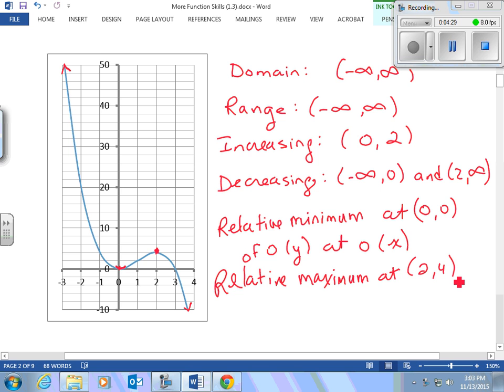So again, if we talk about the maximum value, the relative maximum has a value of 4, and it happens at 2. Okay, so the value of the function, think of that as the height of the function. It's the level of it is at 4, and it occurs when x is equal to 2.